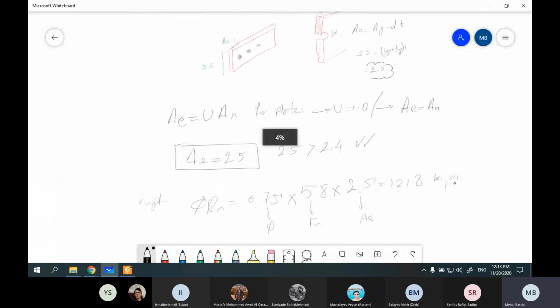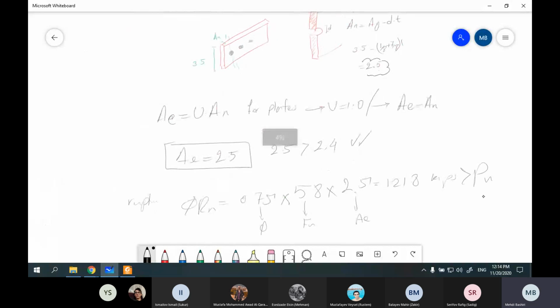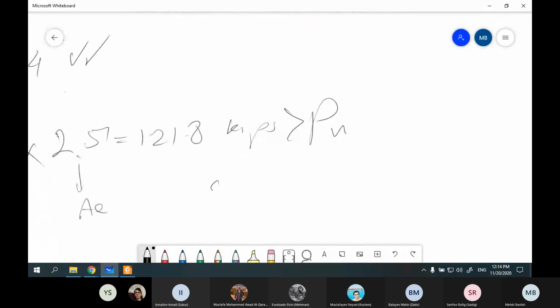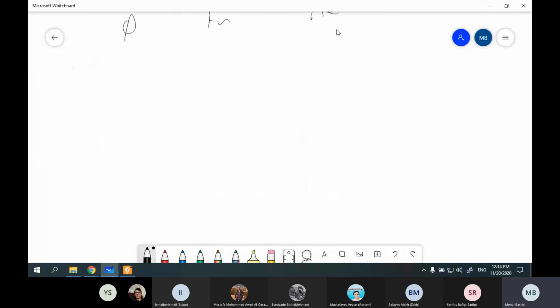And this one is more than Pu. Yes, 121.8 is more than Pu equal to 104.8. So this is okay.